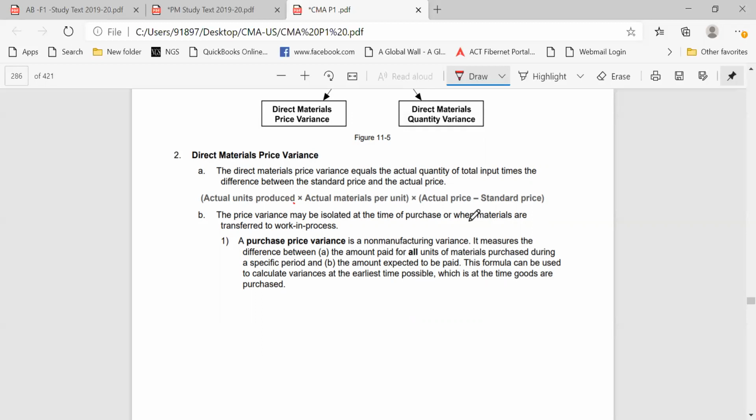The direct material price variance equals the actual quantity of total input times the difference between the standard price and actual price. So here it is nothing but the difference which is coming in the price. The price variance may be isolated at the time of purchase or when materials are transferred to the process.